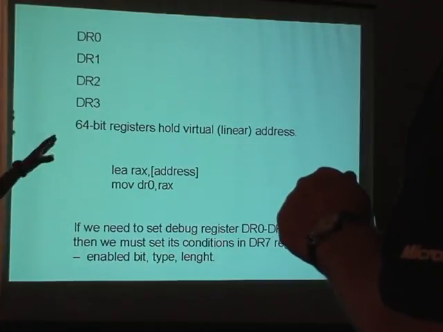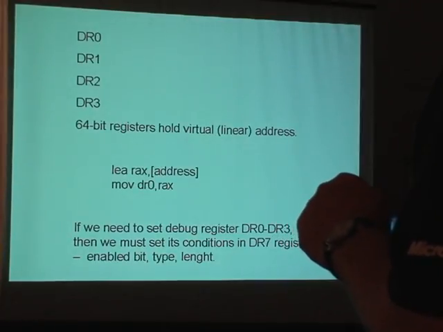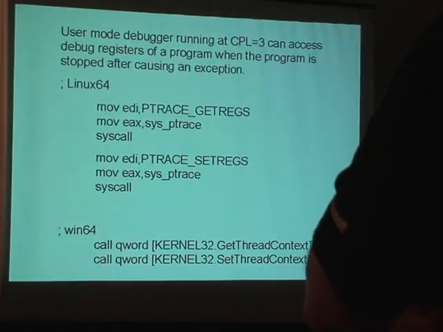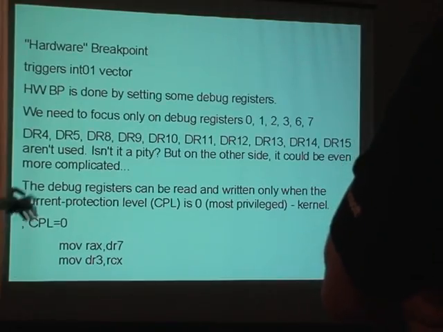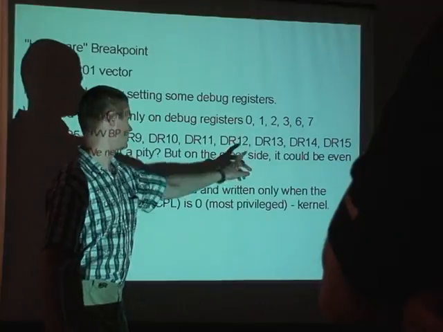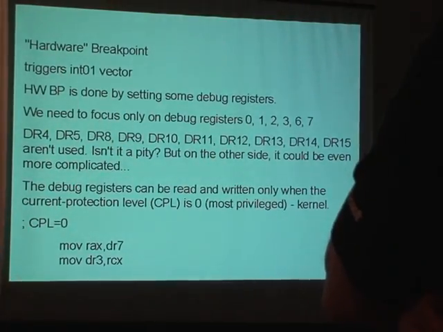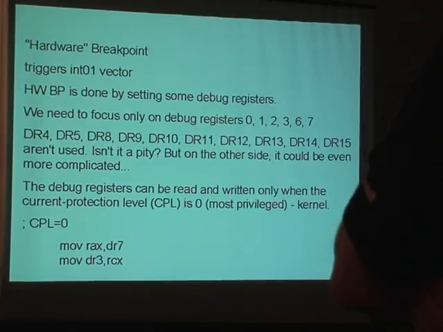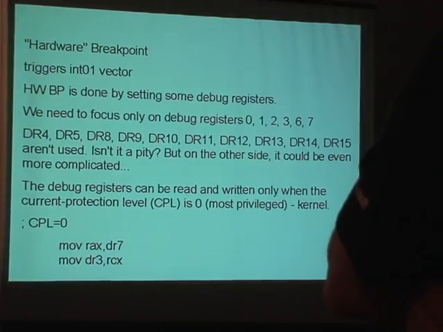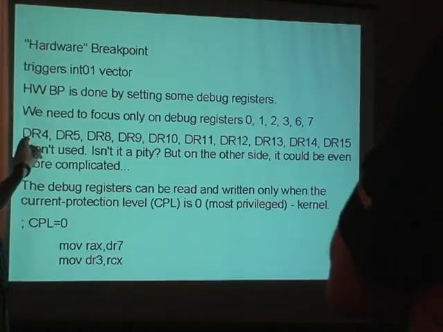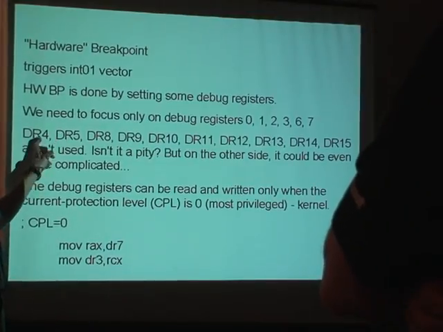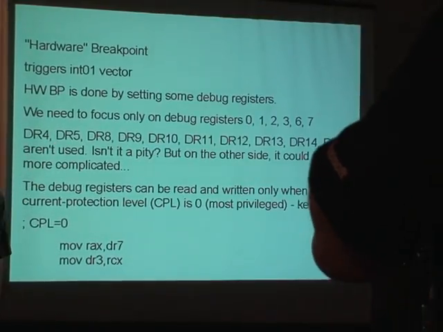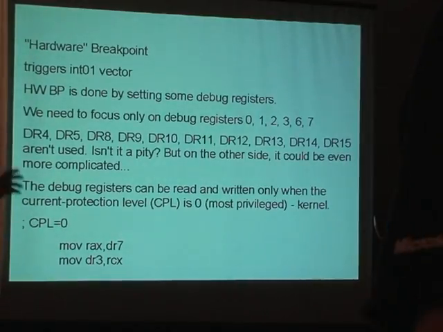Moving into other debug registers? Yes. I think that most moving into these registers causes an invalid opcode or something like this. It causes another exception, but not the interrupt one. We can use only these two, debug register 4 and 5, after setting one bit in one control register.